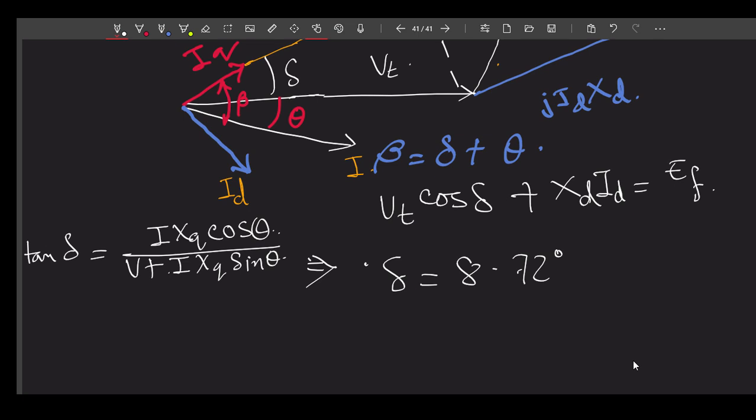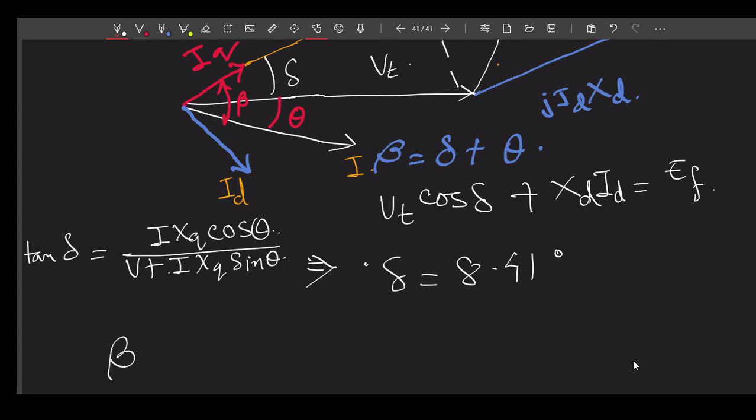A slight correction, as per my calculation it is coming 8.41 degree. Anyway, not a big deal. You can calculate. That is the value of delta we are getting.